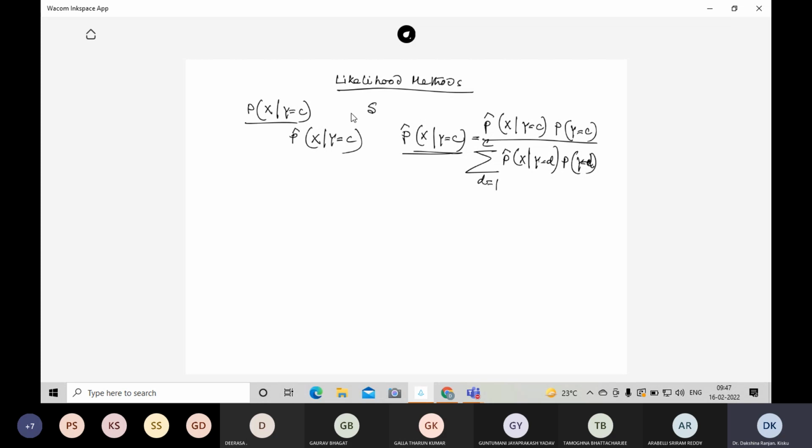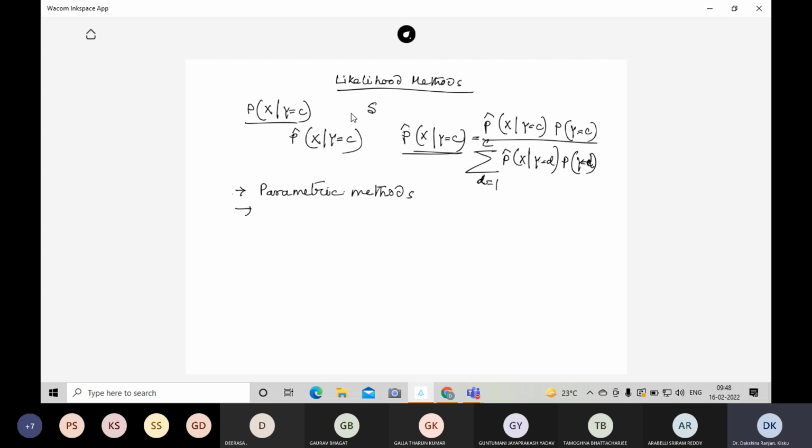Now if we see the different approaches of the likelihood methods, then we can have three different groups. So the first group of likelihood methods are called parametric method. Okay, so we will see some of the parametric methods, which will come under likelihood methods.